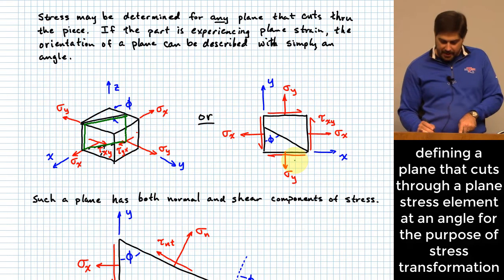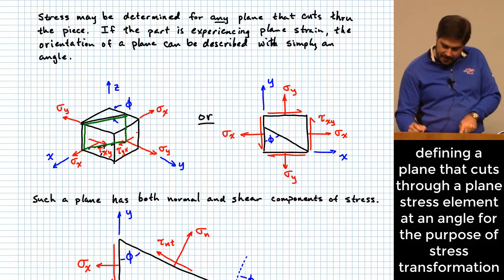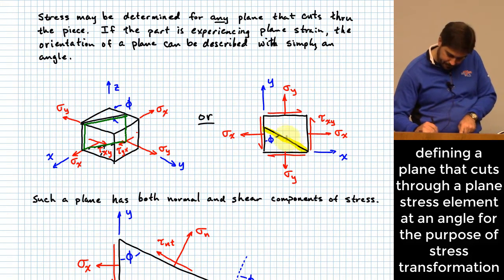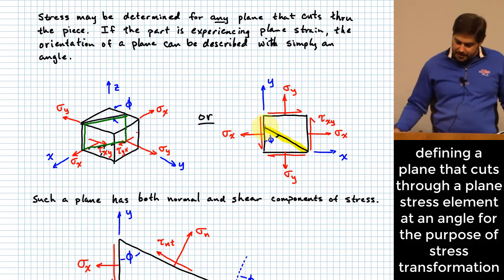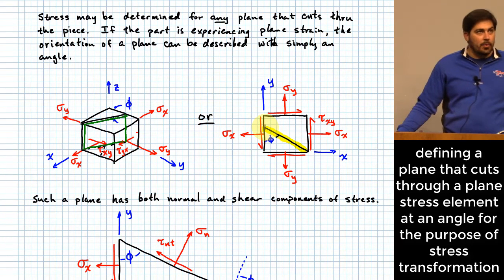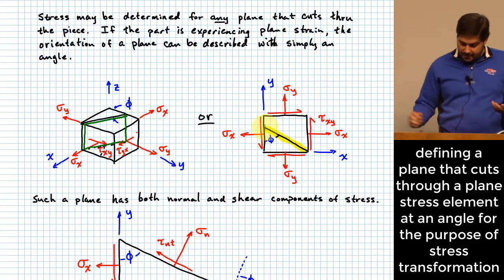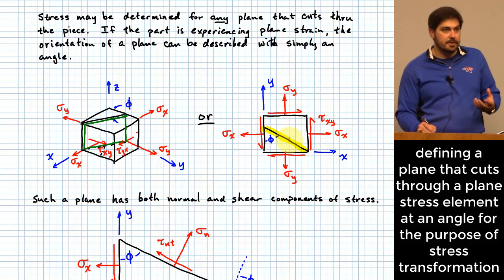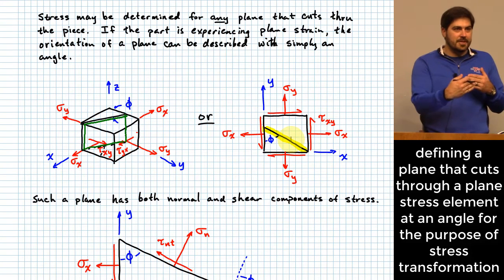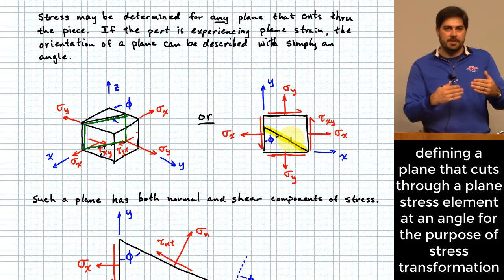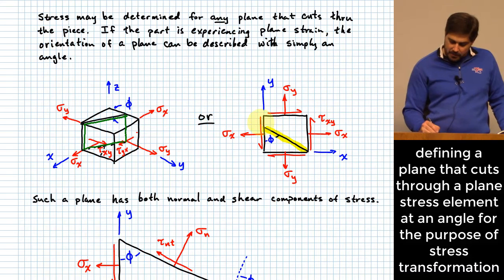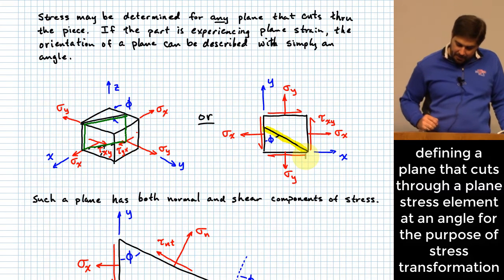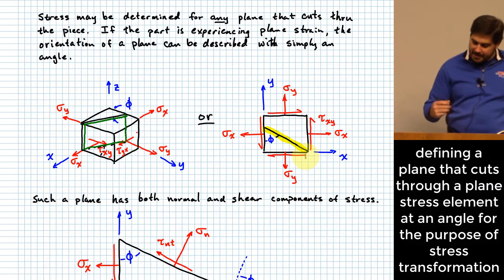So you actually have this plane that is now cut through the middle of this element. Right? And what we want to do is now figure out what kind of stresses are implied that will be applied to that surface, given that we had our sigma x, sigma y, the 2 normal stresses there, and the tau xy. So what I'm going to do is look at that little element of material and sort of extract it out of this element.